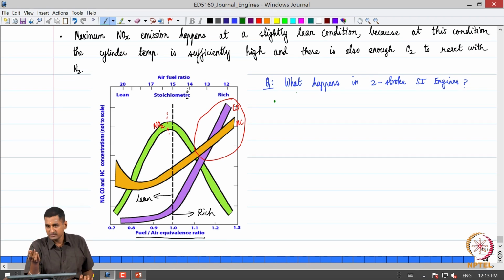So, due to these reasons, the chances of unburned hydrocarbon increase in a 2-stroke engine. Okay.